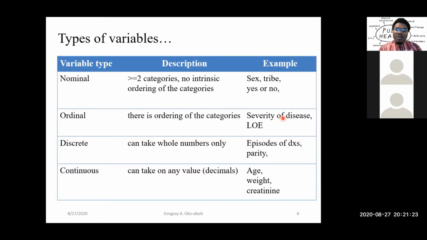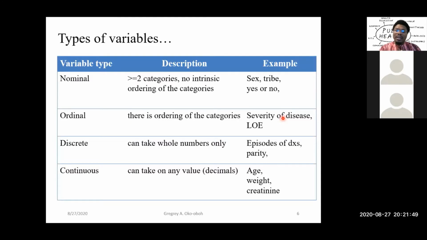What that tells us is that if you are in a category, it confers a degree of rank or ranking. So those who are severe are taken to be in a worse circumstance than those who are moderate, and so compared to those who are mild. So there's an order.